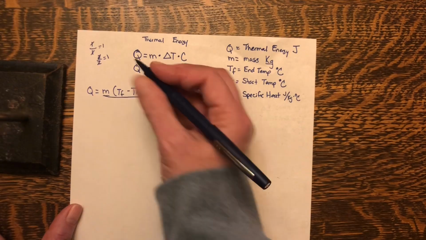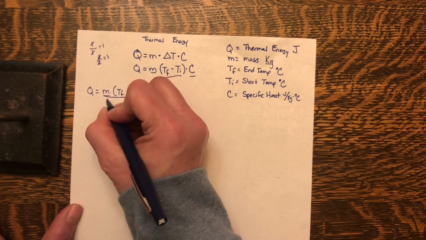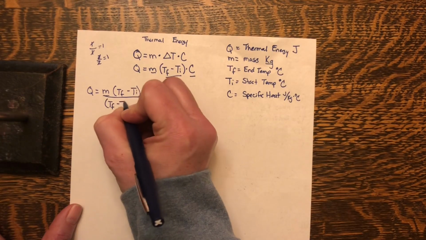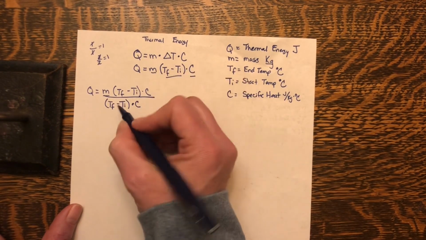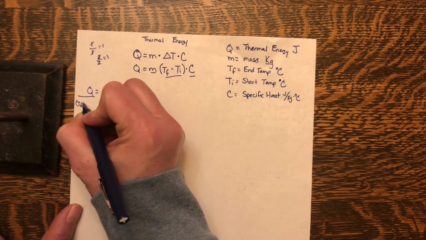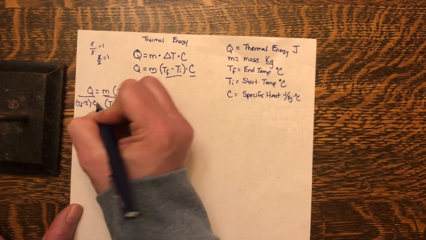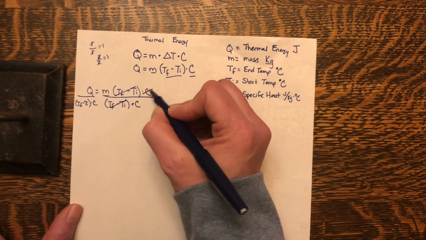Okay, so we have our equation. We want to get rid of these. So we're going to divide this side by our temperature final minus our temperature initial, and by our specific heat. Because we did that to this side, we have to do it to this side. On this side, this is going to cancel, and this is going to cancel.